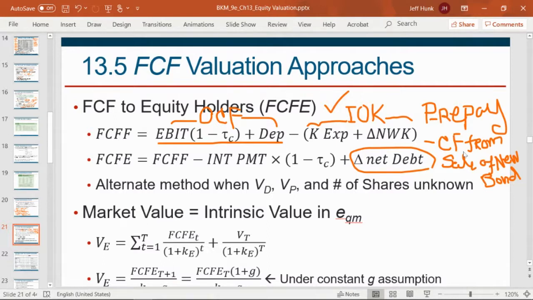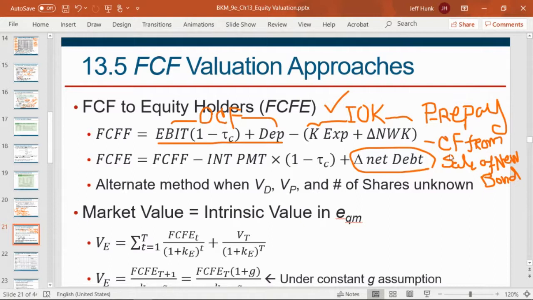But again, if you're selling new bonds, then there are proceeds. In other words, there's cash flow from the sale of new bonds. That's new debt. So the balance between principal repayment and the cash flow from the sale of new debt, that is the change in net debt.